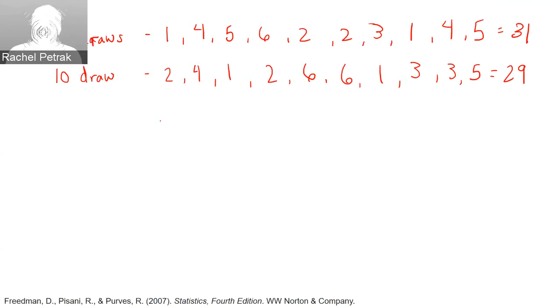We could keep taking 10 draws from the box and keep summing the numbers, but if we did that over and over again, 10,000 times, we'd see that the total range of the sum of draws would be from 10, if you got 1 each time across your 10 draws, to 60 if you got 6 on all of your 10 draws.